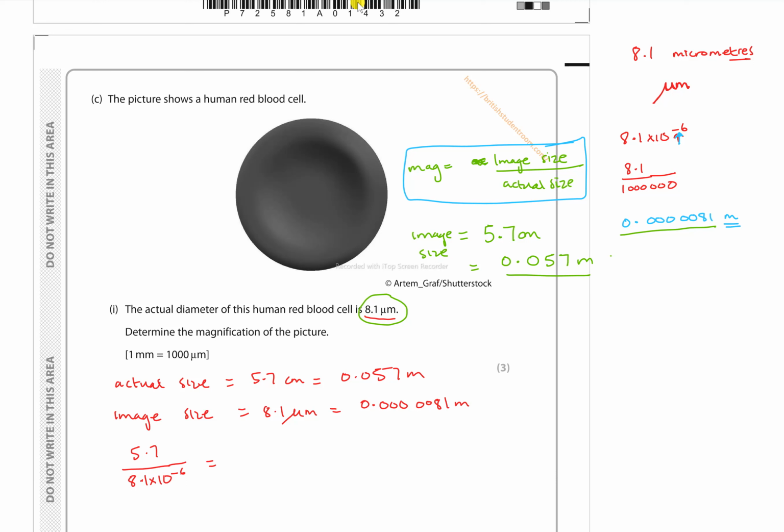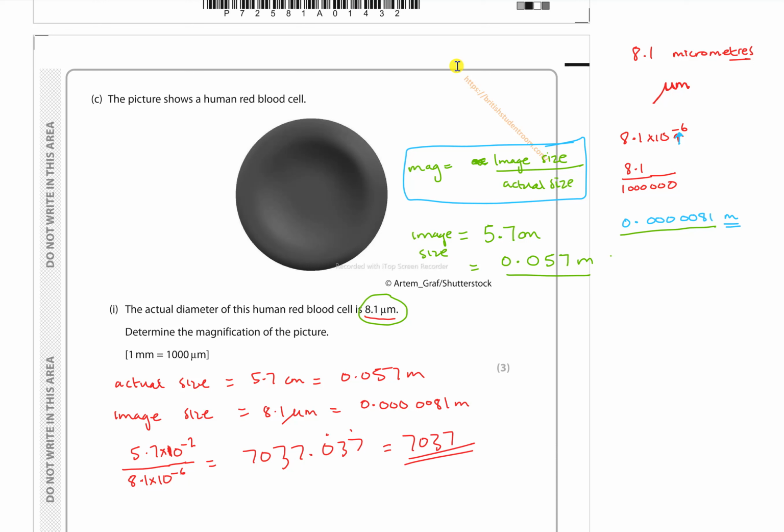Right, I forgot to change this. I used the wrong number here, so I'll write that in meters, and the answer is 7.037 recurring. So you can write it as 7037, more than enough.